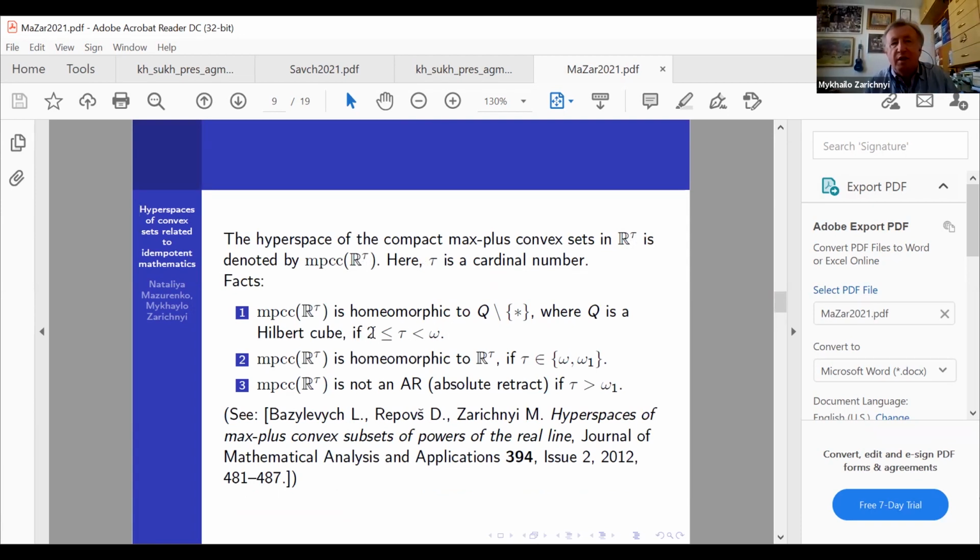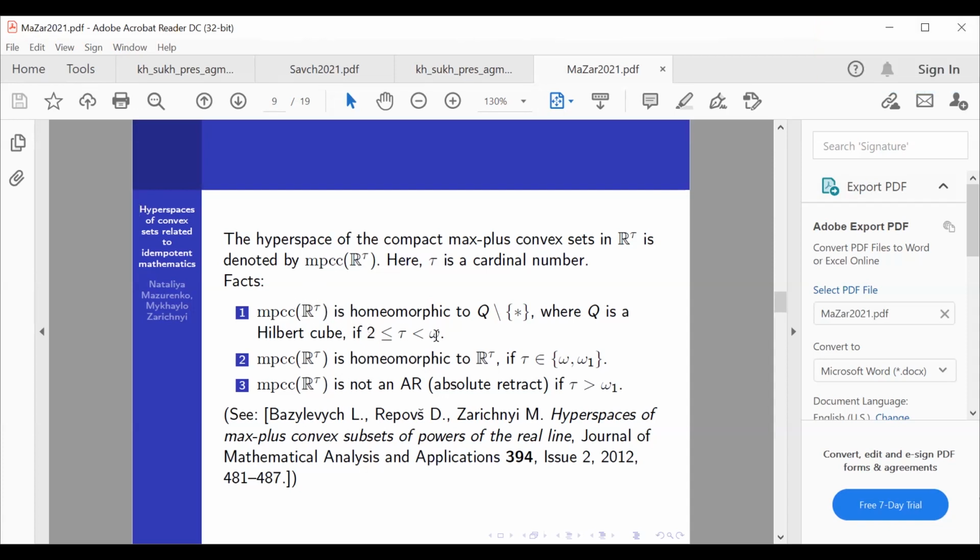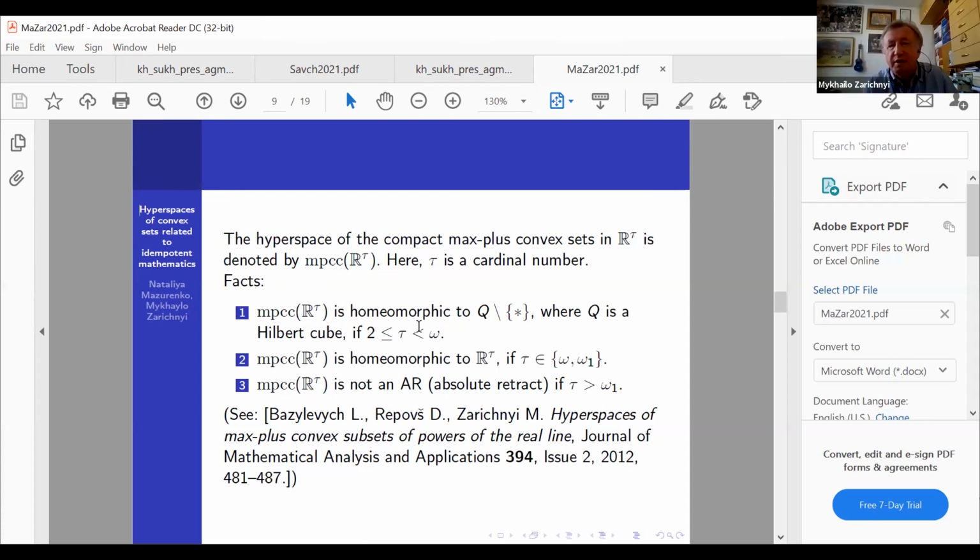First of all, if the space is at least 2-dimensional and at most finite dimensional, then this hyperspace is homeomorphic to the punctured Hilbert cube, the complement of a point in the Hilbert cube. And in the case of infinite cardinal tau, it is homeomorphic to R to the tau in 2 cases.